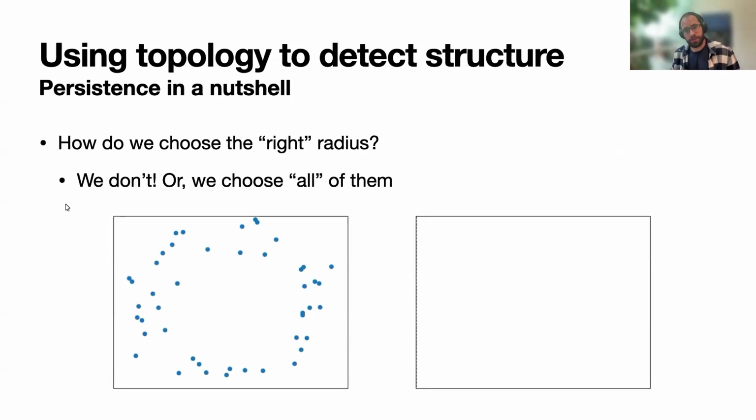Whenever a cycle appears or is filled in by triangles and higher dimensional simplices, I'll record that fact over here in what's called a barcode. So I'll play this once with minimal commentary, and then we'll go back and take a closer look at it.